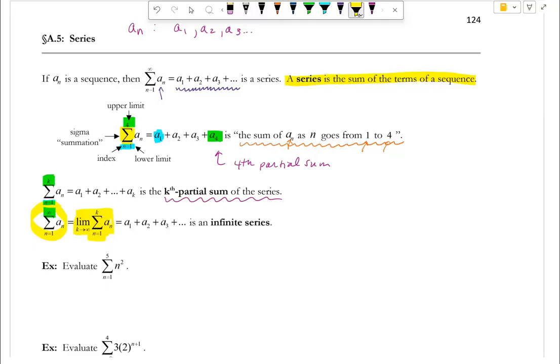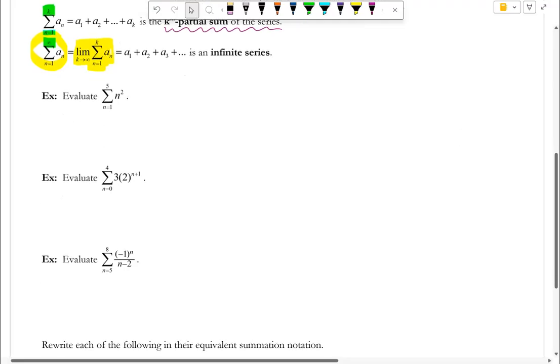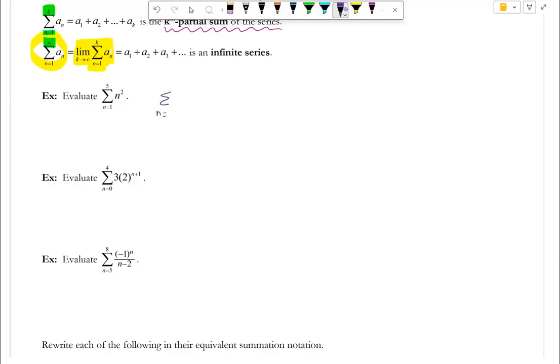All right, so for these first few examples, we just want to get comfortable with this notation. In the first example, we are asked to evaluate the series, or rather, really the fifth partial sum of the series, I should say. So we're evaluating this for n squared, and we're going to start at 1 and stop at 5. So when I go to write out my terms, I'm going to start with my first term.